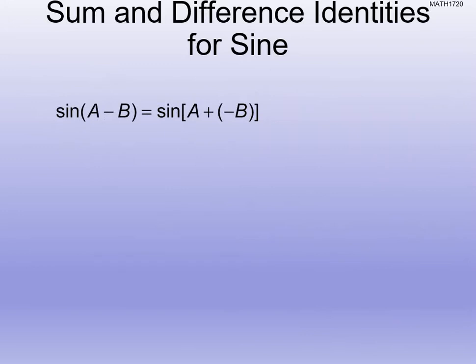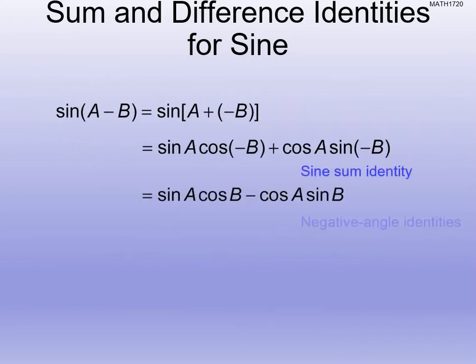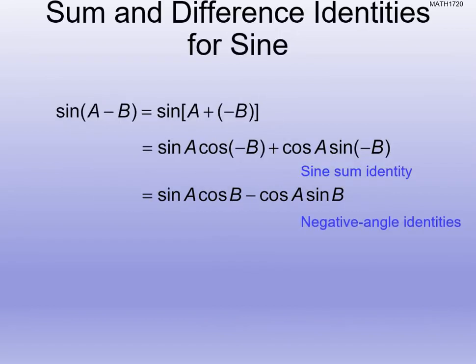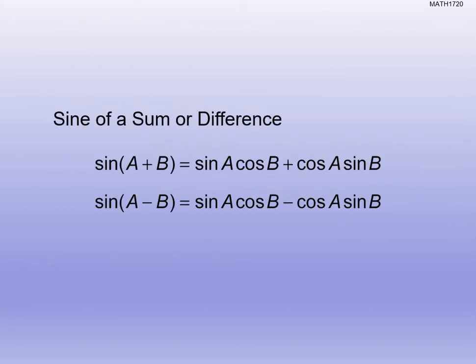We can also do the same to get sine of a minus b. I'm not really going to go through the math on that one; you can see how it works out with the negative angle identities. But make sure you write these two down. These are important. On your trig identity sheet, last section we added cosine of a plus b and cosine of a minus b.